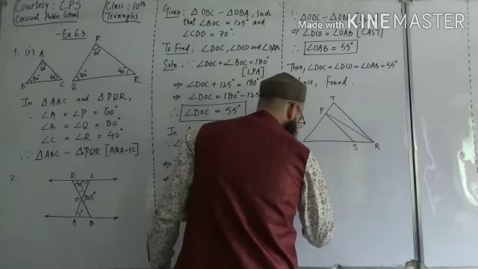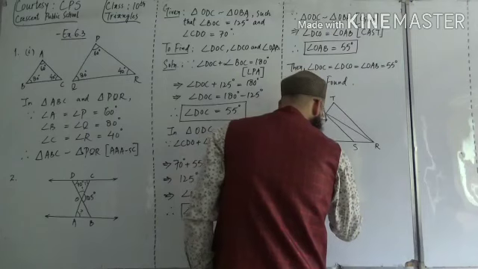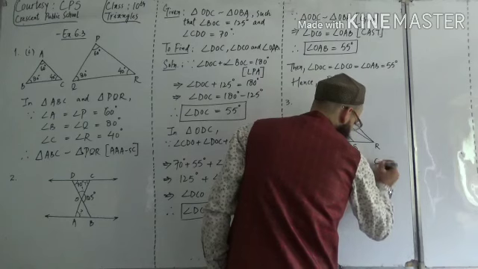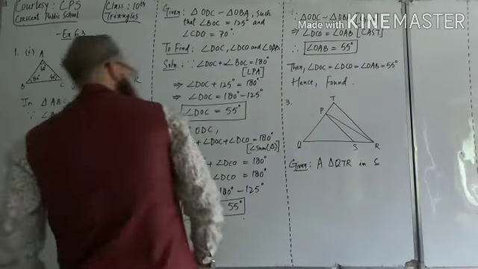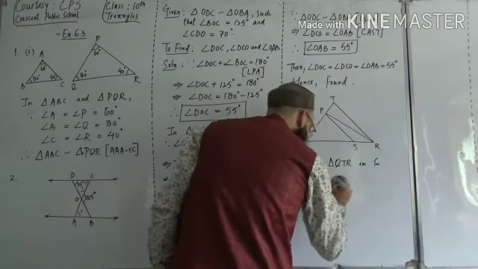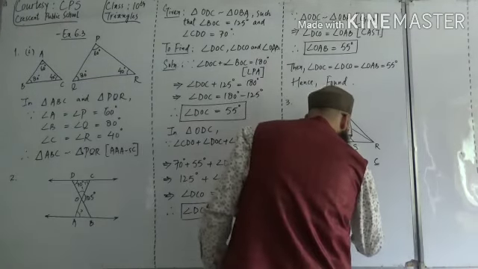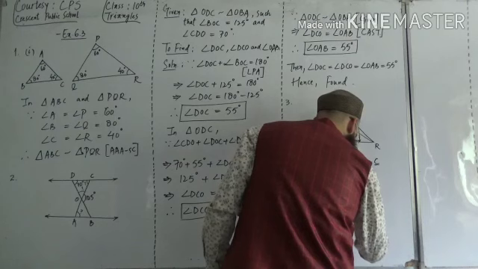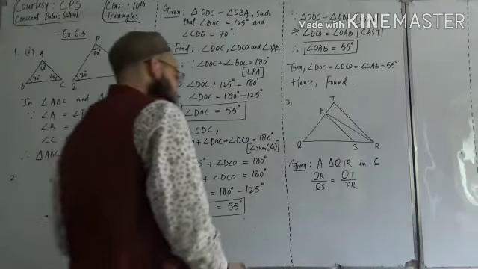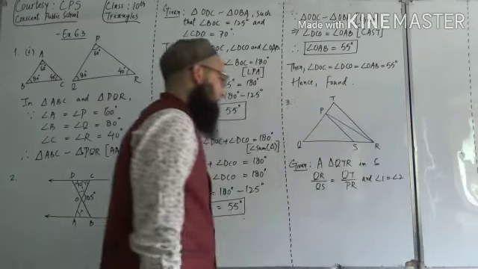So, given a triangle QTR in which QR by QS is equal to QT by PR, and angle 1 is equal to angle 2.